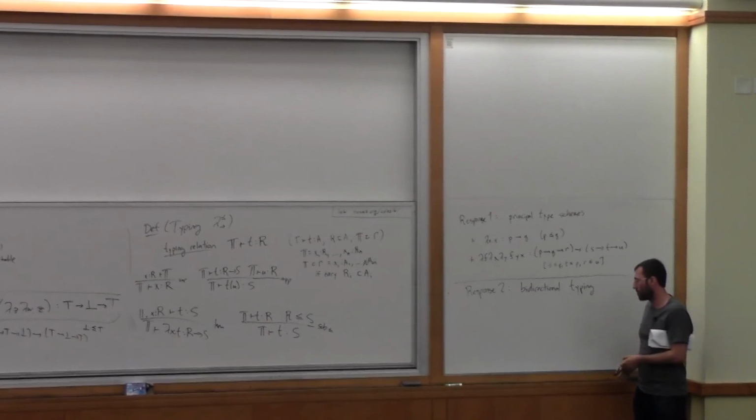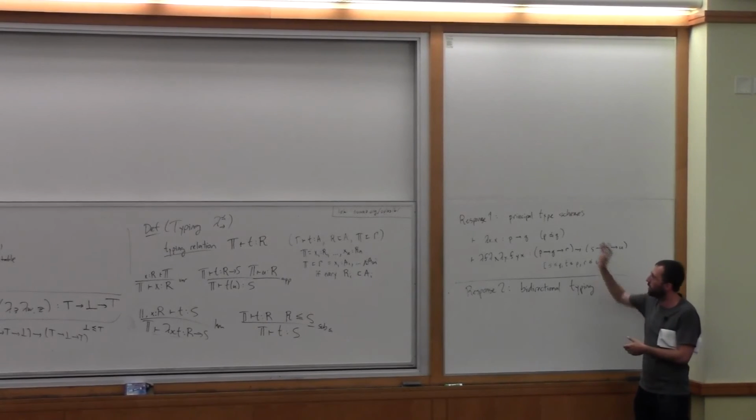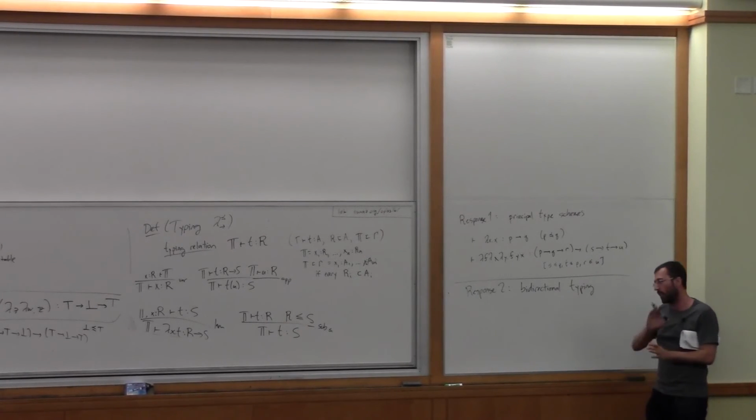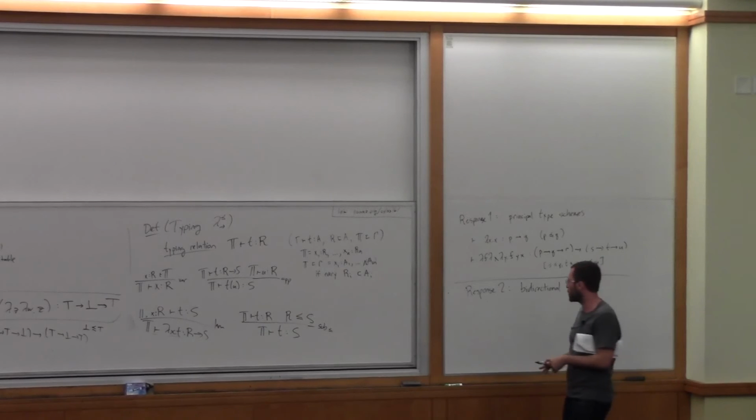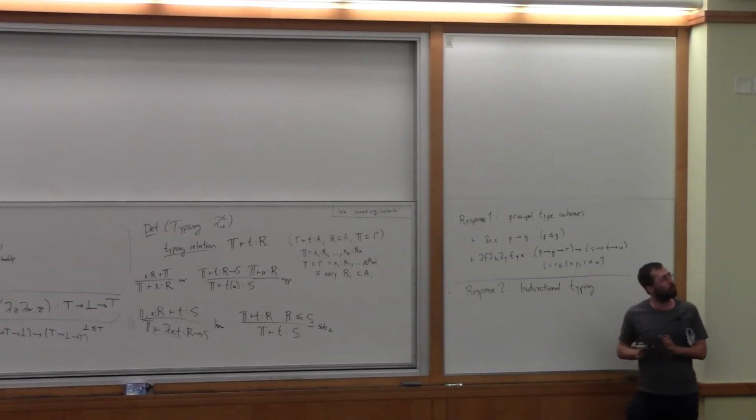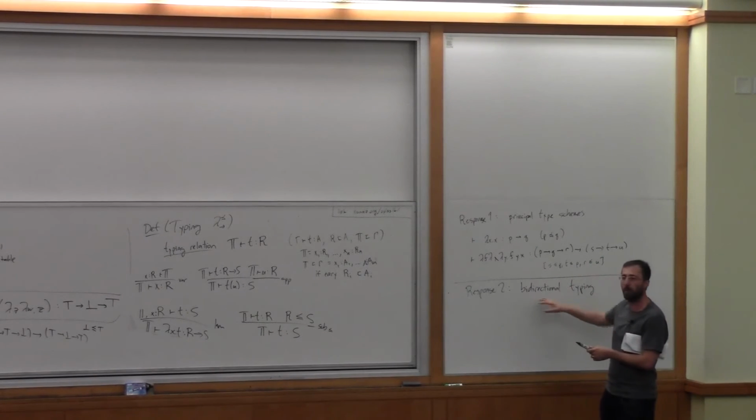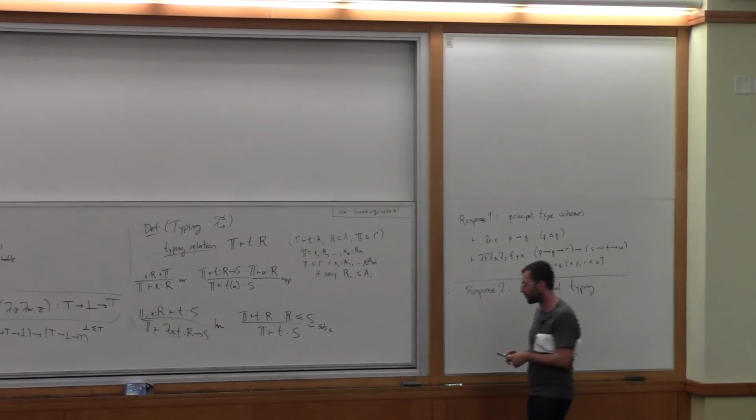But it turns out that as we scale to more sophisticated type refinement systems, the previous kind of approach becomes difficult, and I'll get to that in the next lecture. But for now I'm going to try to tell you about bidirectional typing.